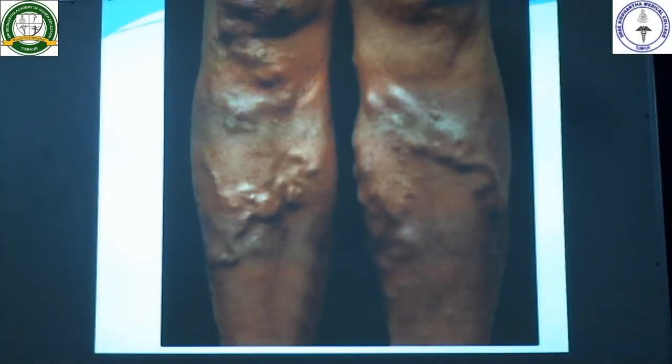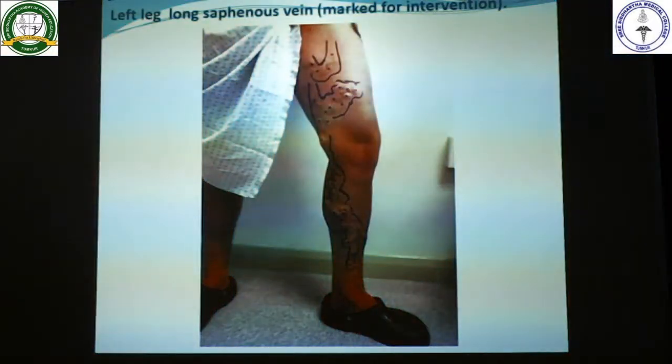If you see this one, here it is the anterior aspect, definitely you can tell this is long saphenous varicosity. Even in this image, you can see this is the long saphenous varicose vein along the medial aspect, here and also. So this image shows the long saphenous vein. Here they have marked it radiologically.